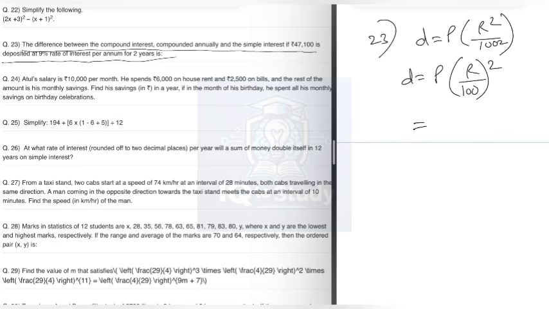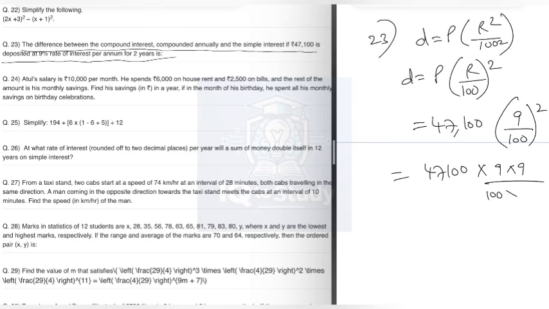That is equal to 47,100 into 9 by 100 whole square. That is equal to 47,100 into 9 into 9 divided by 100 into 100.